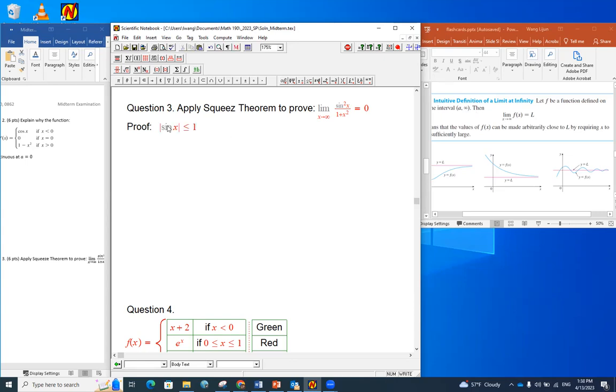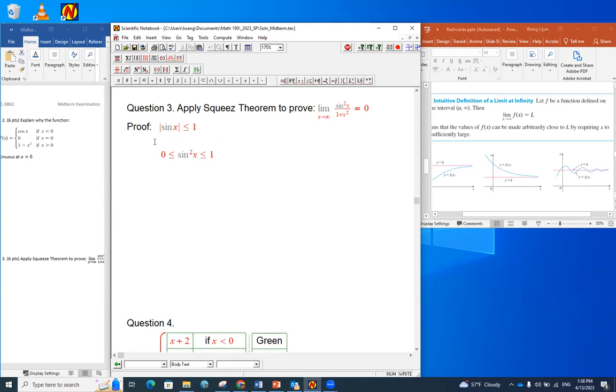When we square both sides, we get sine squared x less than or equal to 1. At the same time, it's greater than or equal to 0, because anything squared is at least 0.